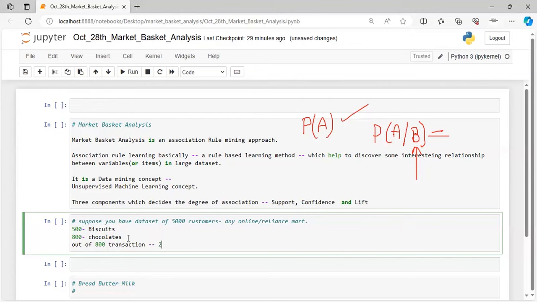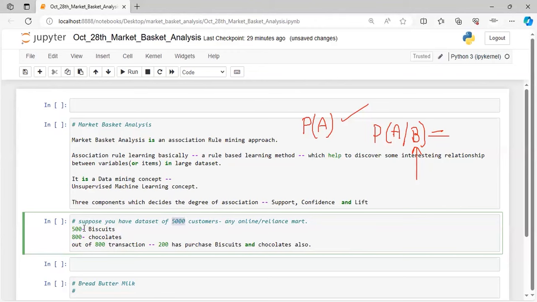Okay, you are finding 200 has purchased biscuits and chocolate also. Both. So you want to find some kind of degree, some kind of strength between the biscuit and chocolate, because you have a total of 5,000 transactions.